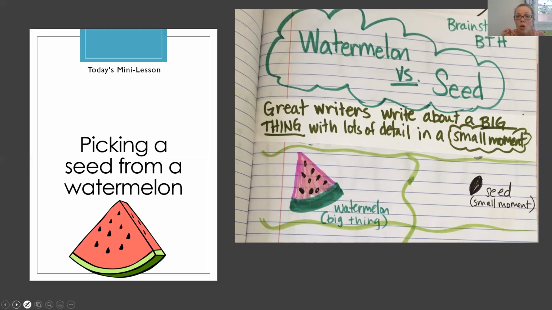Great writers write about a big thing with lots of detail in a small moment. Okay, so what's not on this page yet, because we still need to add to it, is they do this by adding so much detail to that small moment. It really makes for an intriguing reading experience. Please pause the video and add that to your composition book.